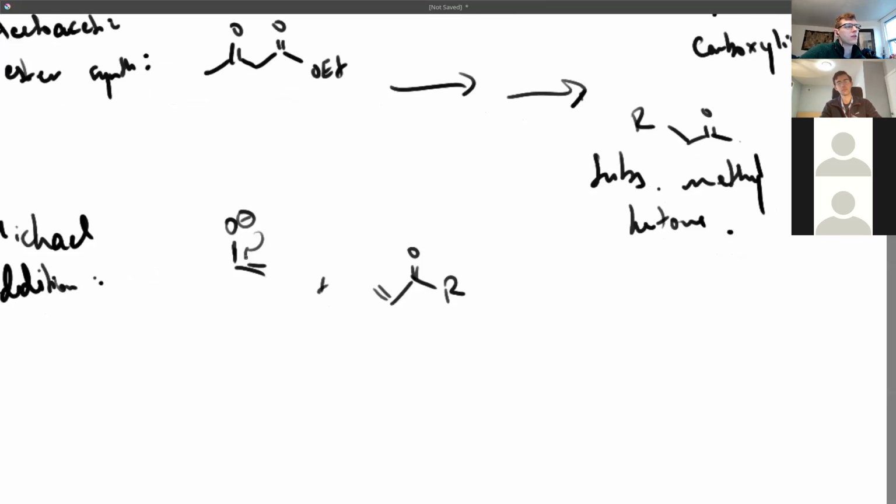Okay, and then this will come down, and this will attack at this end instead of over here, right? And then you wind up getting, well, counting carbons on these is always impossible. So let's do that. So 1, 2, 3, 4, 5. So 1, 2, 3, 4, and 5 over here.